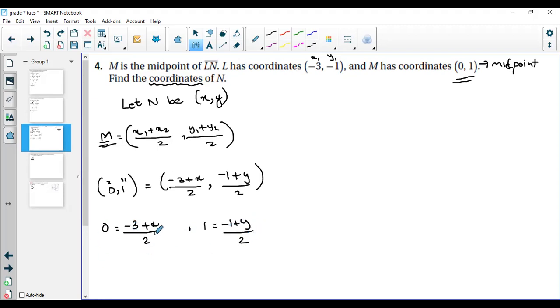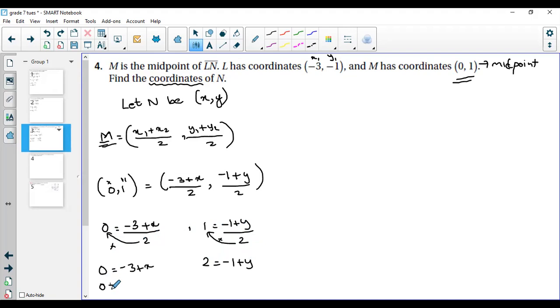So here, this divide by 2, if I move the 2 to the other side, that will become multiply by 2. So 2 multiplied by 0 will give us 0 equals -3 plus x. Similarly here also, you will multiply by 2, that means 2 ones are 2 equals -1 plus y.